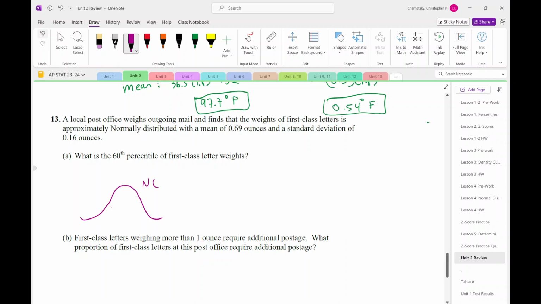There's our normal distribution, 0.69 mean, standard deviation of 0.16 ounces. Okay. What is the 60th percentile? So that's over here. So we need to figure out what that value is.